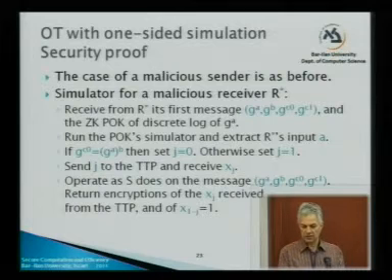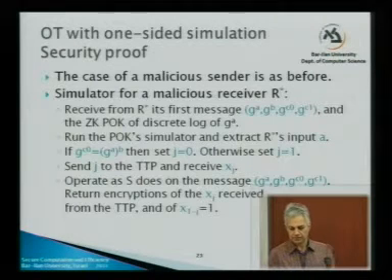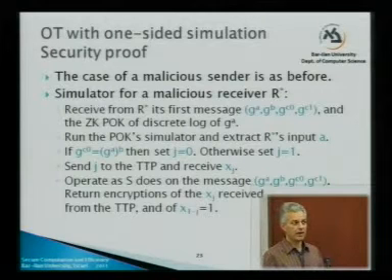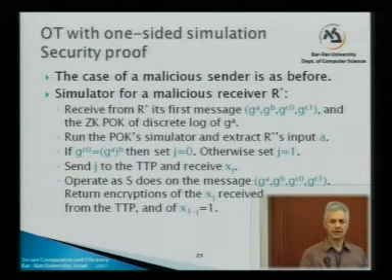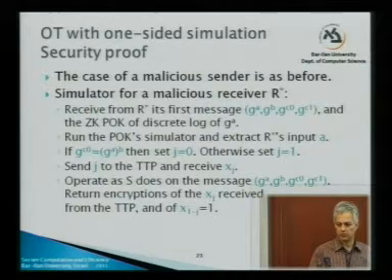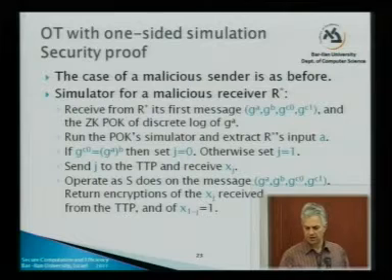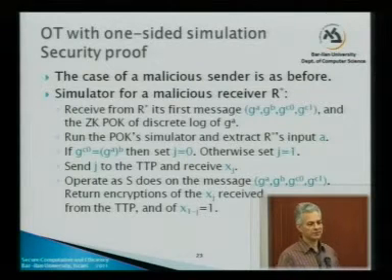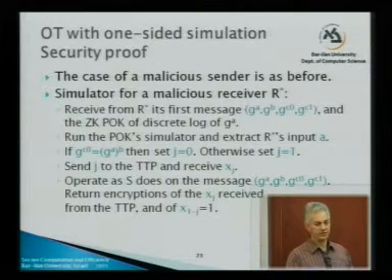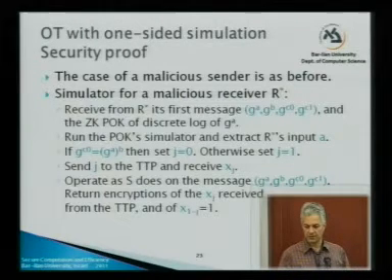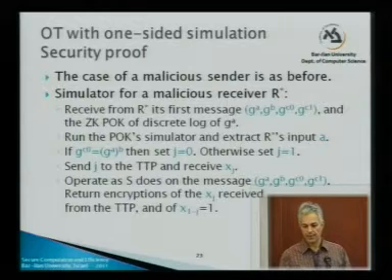So a malicious receiver, okay, we have to show a simulator that interacts with the receiver and simulates what the receiver sees in the real protocol. So look at the malicious receiver, R star. The simulator gets from the receiver the first message and the zero knowledge proof of knowledge of the discrete log of g to the a.